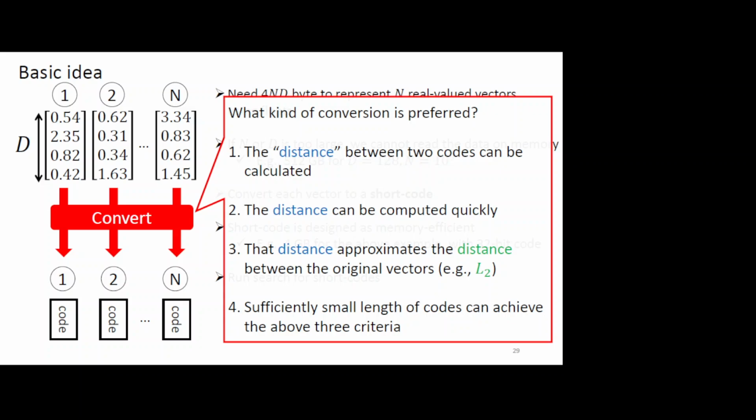So it means when we take the distance between the two original vectors, after they are converted to the short code, their distance should be close to the original. That's the main idea. And the code should be very small, or the smallest.